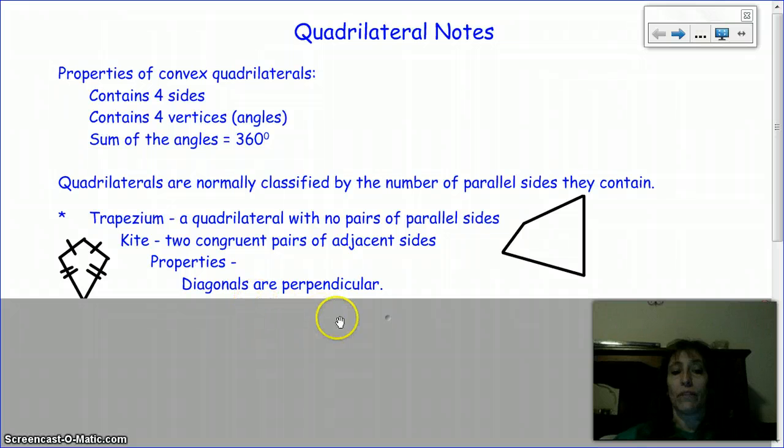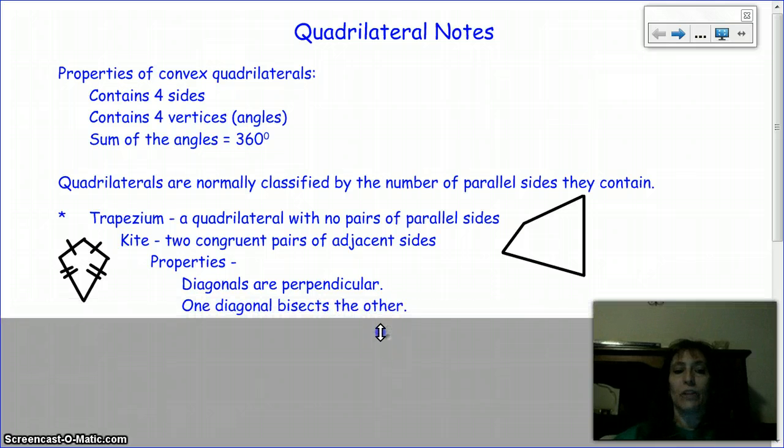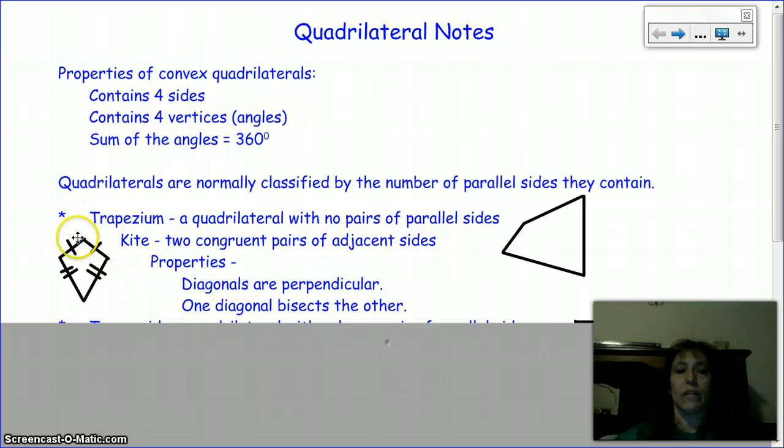One of their properties is that their diagonals are perpendicular. And the other property is that one diagonal bisects the other one. So this one comes straight down, this other one comes across, and the one that's coming across will be bisected by the long one.